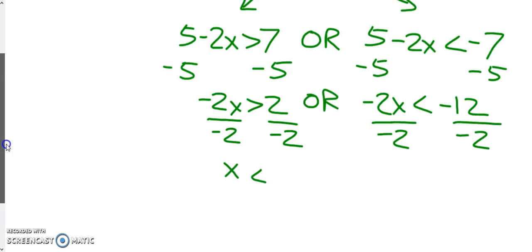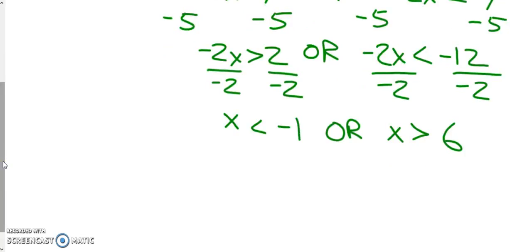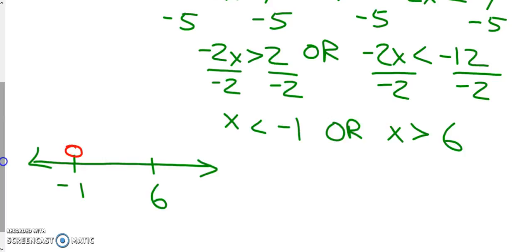X is less than negative 1, or x is greater than 6. If you draw that, negative 1 and 6. That one goes that way, that one goes that way.